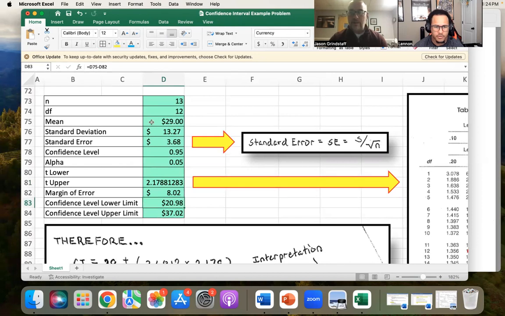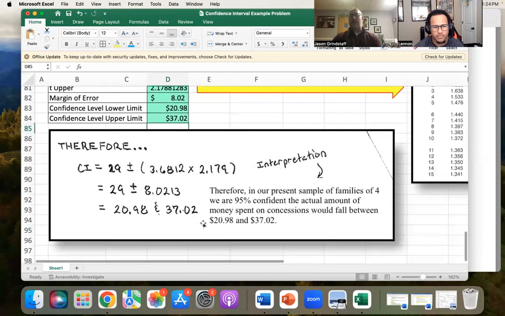My mean. So how did I do that? I took my mean minus 8.02, and I took the mean plus 8.02. See that?